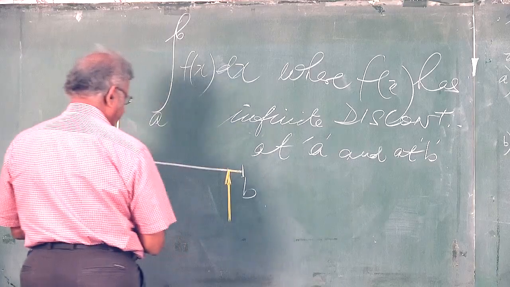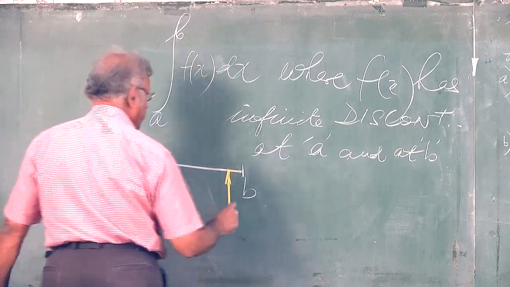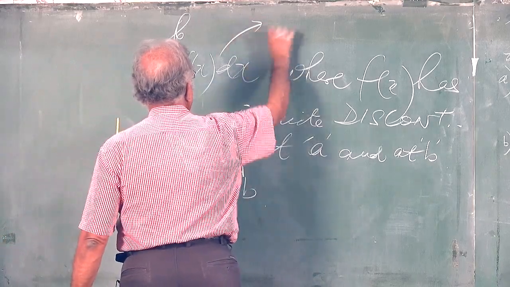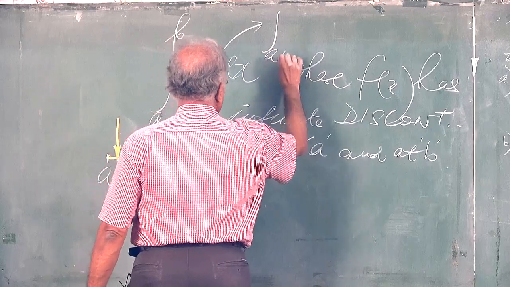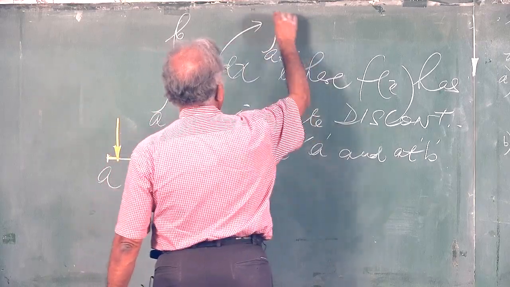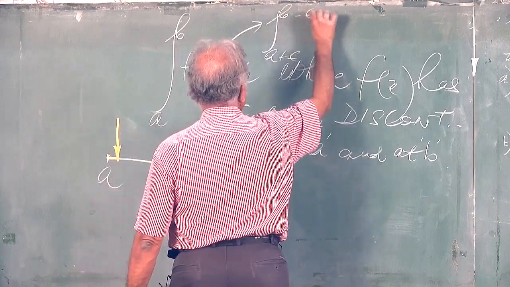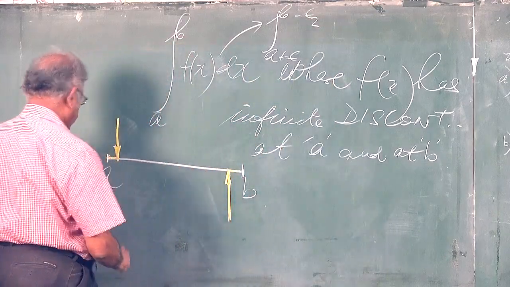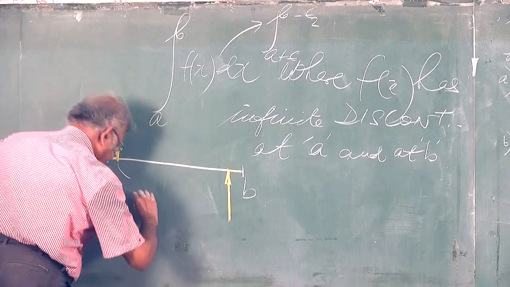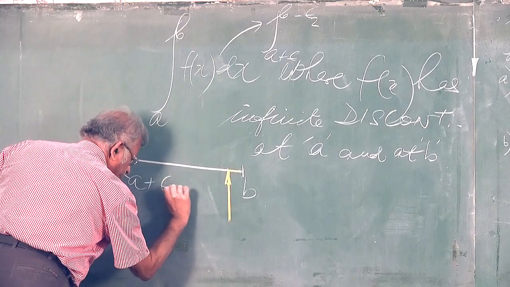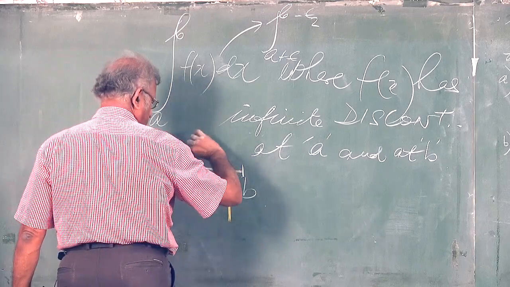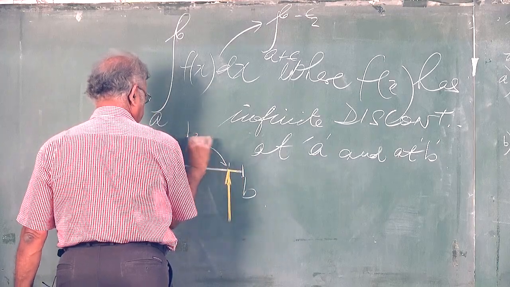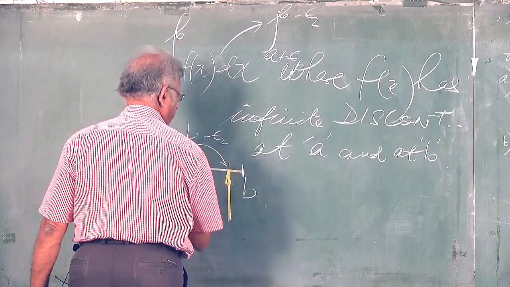So we integrate from a plus epsilon 1 to b minus epsilon 2.